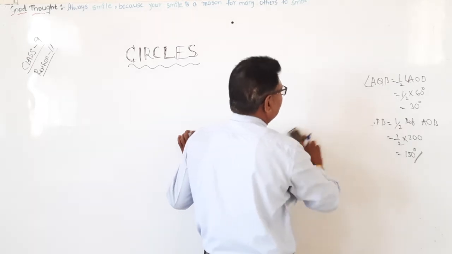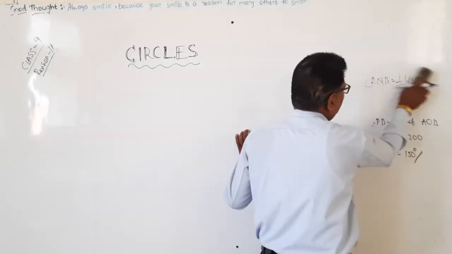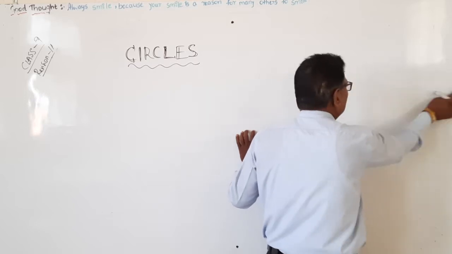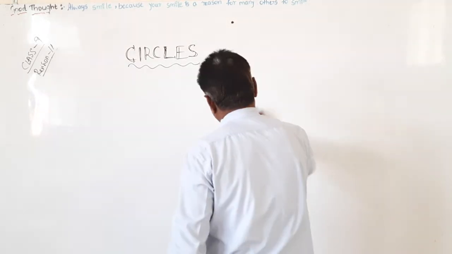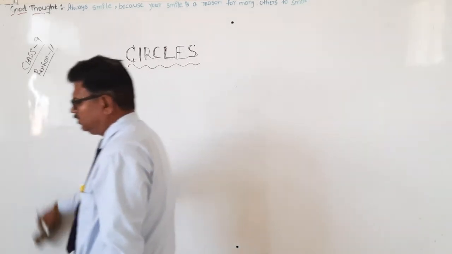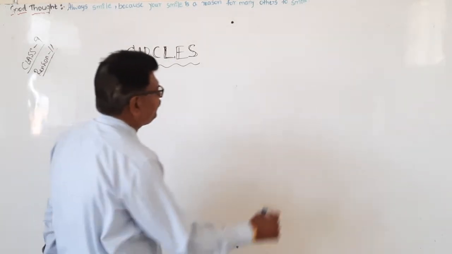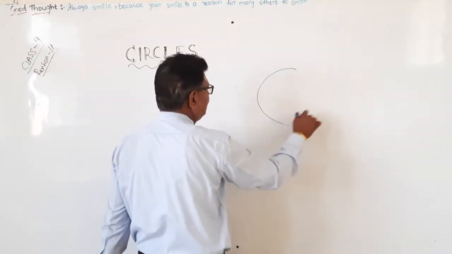See, if you know the concept, then it is very easy to understand. So please try to recall the theorems. If you know the theorem, then solving problems will be very simple. One more problem, very easy problem. You see, this is a circle.